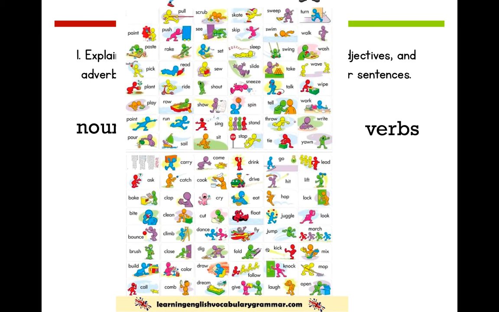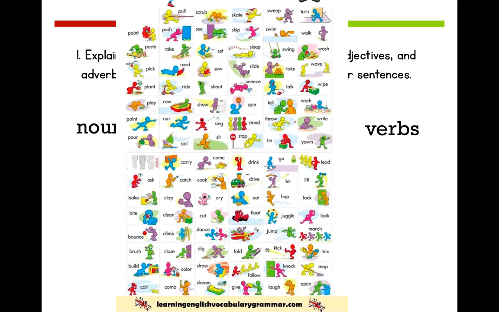These are action words, right? Like pull, spin, sail, drink, close, dig. There are so many. You can pause the video here and take a look at the pictures and read the words to learn different verbs. But again, these are not the only verbs. These are just some of them.